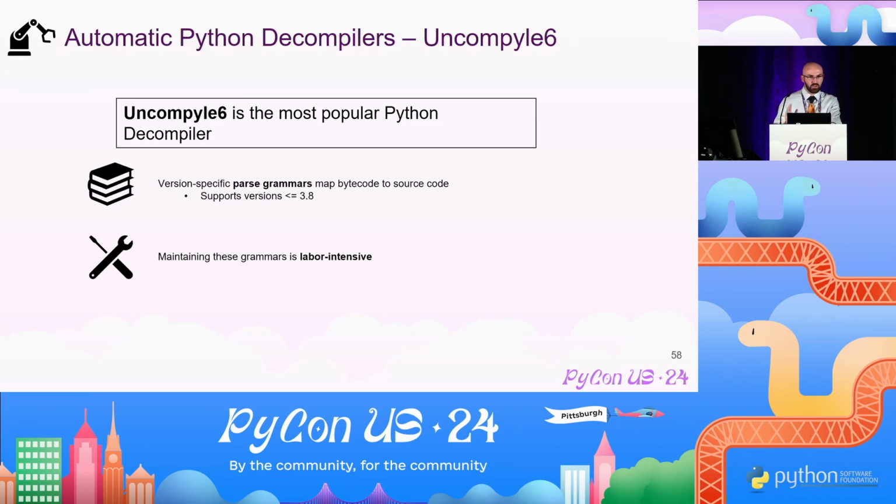It supports all the Python versions 3.8 and below, so everything up to but not including 3.9. If you want to decompile some really old Python, like I know there's still some 2.7 floating around, whoever's using 2.7, please update to Python 3. But maintaining these grammars is labor intensive. So when you get into 3.9, 3.10, and especially 3.11, the coverage and accuracy of Uncompyle6 has suffered.